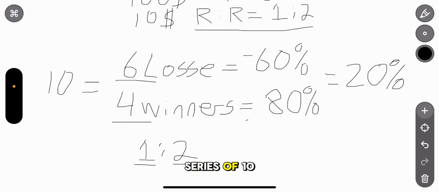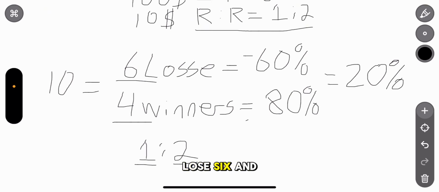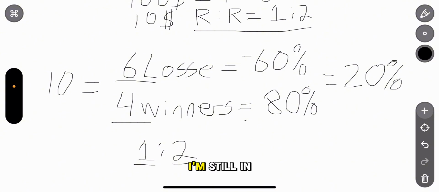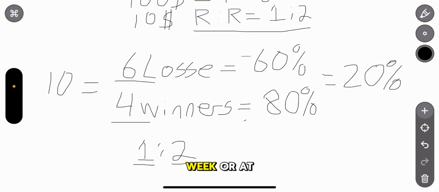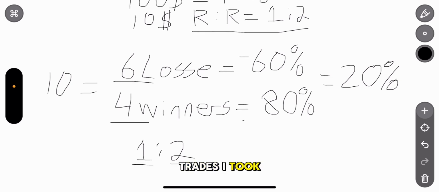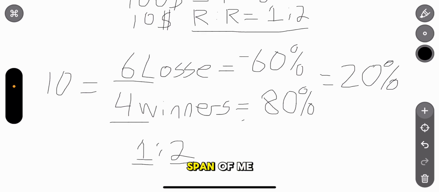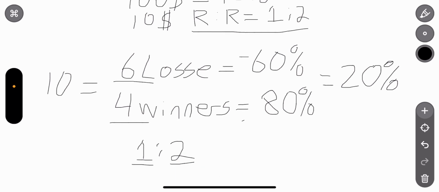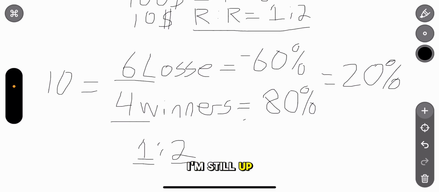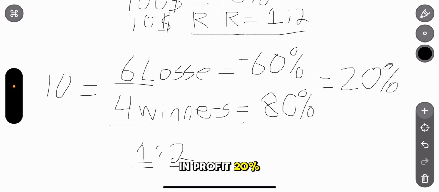Out of a series of 10 trades, if I lose 6 and I win 4 trades, even though I lost more than I won, I'm still in profit at the end of the week, or at the end of the month, or at the end of the year, depending how many trades I took that week or that month or that day or whatever. So within that time span of me taking those 10 trades and me having a 40% win rate, I'm still up in profit 20%. So I'm still up.